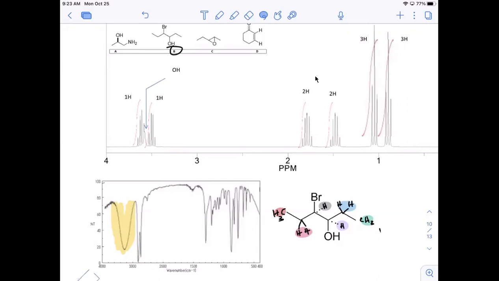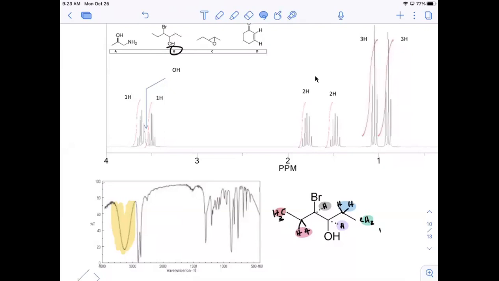So where should the signals be for those 2 methyl groups? And then what should the splitting pattern be? So wouldn't it be a triplet? Mm-hmm. And then for both of them, right? Yeah. And then they would be where the 3H is.